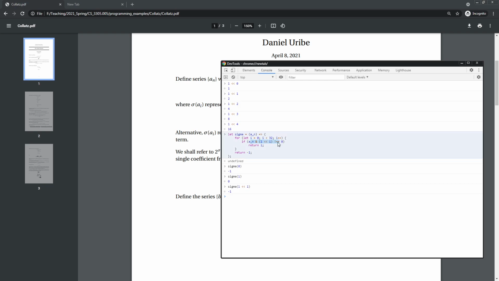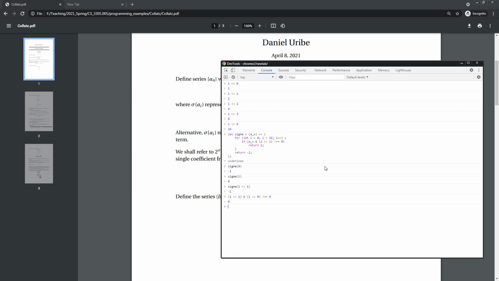So let's execute this part and see what we did wrong. In this case, a sub n is going to be this, and then i is going to be all of the values from 0 to 32.